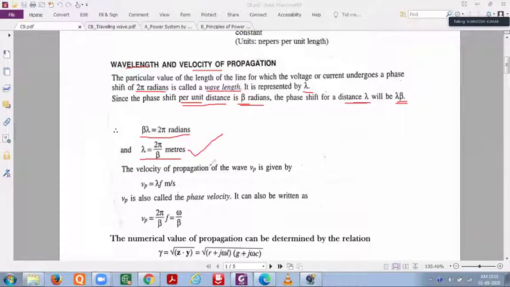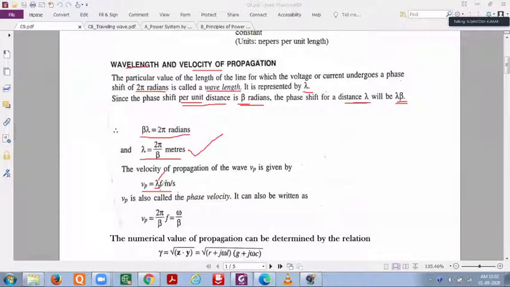So velocity is distance traveled by time. Here distance traveled is nothing but a wavelength lambda, and time is nothing but 1 by frequency. So directly using the frequency, where f is your frequency, lambda by T is nothing but lambda into f, right?